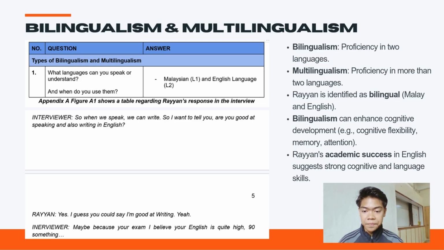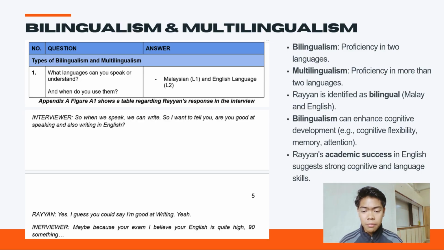So, by emphasizing bilingualism, it can actually benefit kids' perceptual and cognitive development, especially in the areas of cognitive flexibility, operational memory, and attention management.